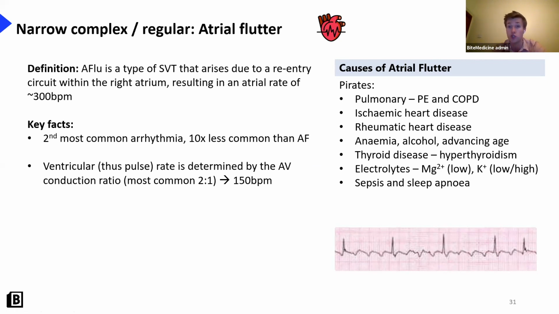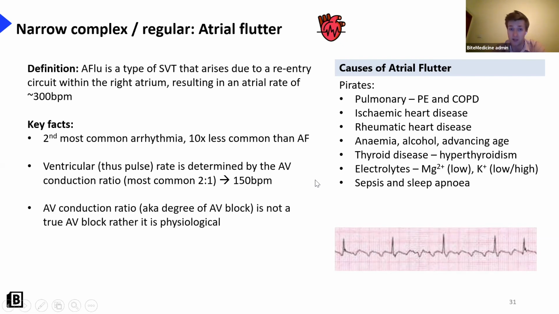So about every 2:1. Now that is not a pathological AV block. That is a physiological AV block. That is your heart being brilliant at what it does, ensuring that you're producing a ventricular rate that is compatible with life.